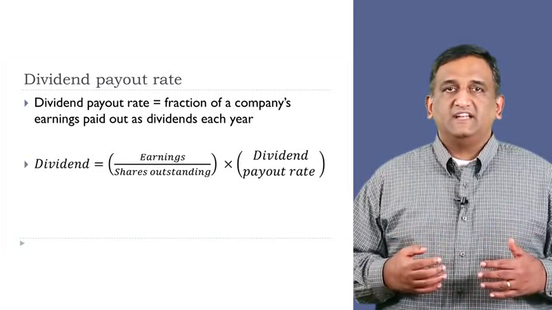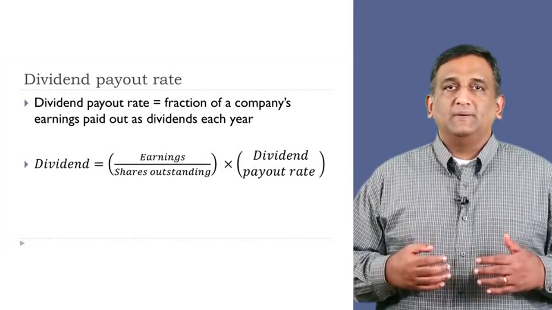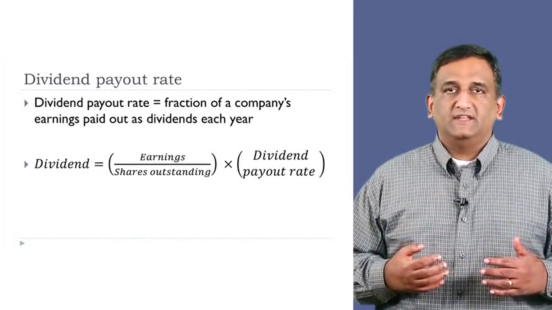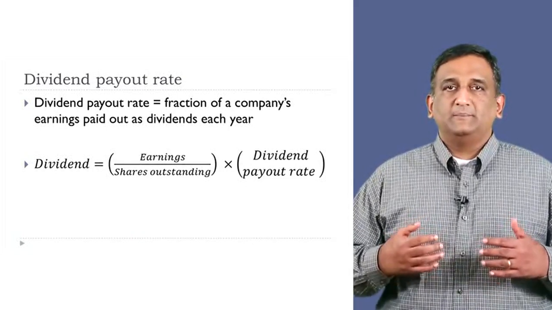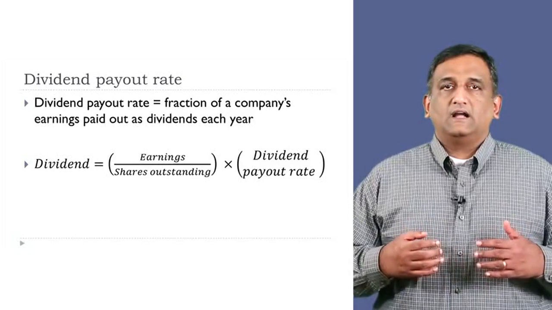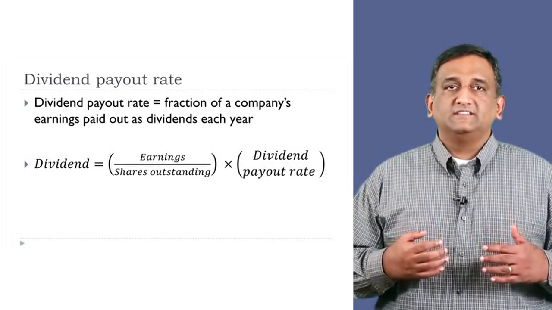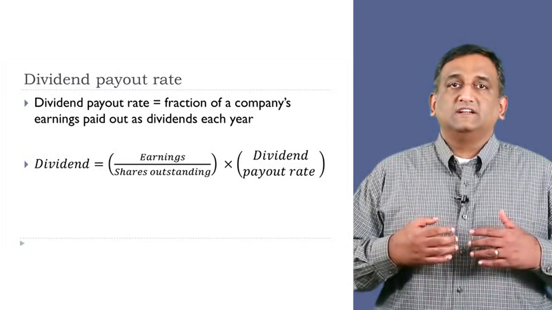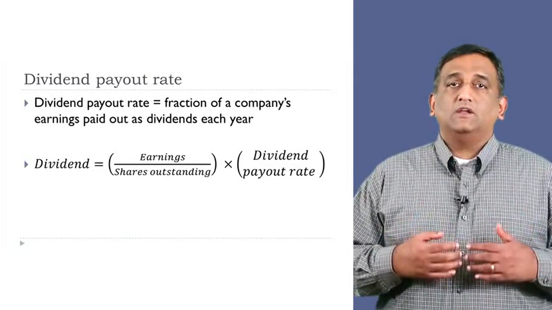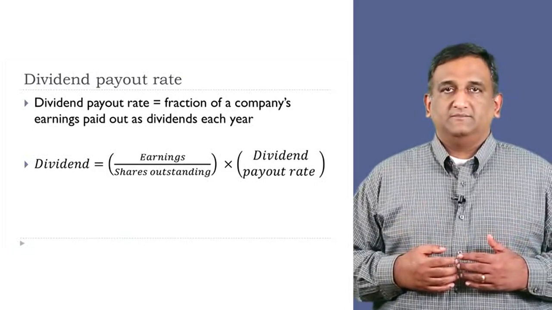The dividend per share for the company will be the company's earnings, or net income for the year, divided by the shares outstanding, times the dividend payout rate. A company can potentially increase its dividends per share by increasing earnings, increasing the dividend payout rate, or decreasing its shares outstanding.